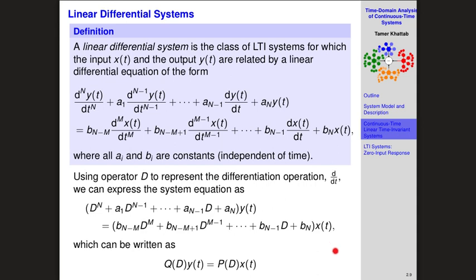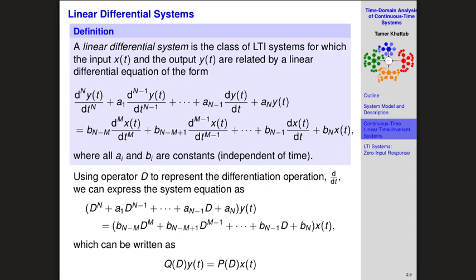Okay. And we can simplify this by saying that this is a polynomial Q of D for the output, and there's another polynomial applied to the input, P of D. These polynomials are of the order that corresponds to the highest derivative on both sides.